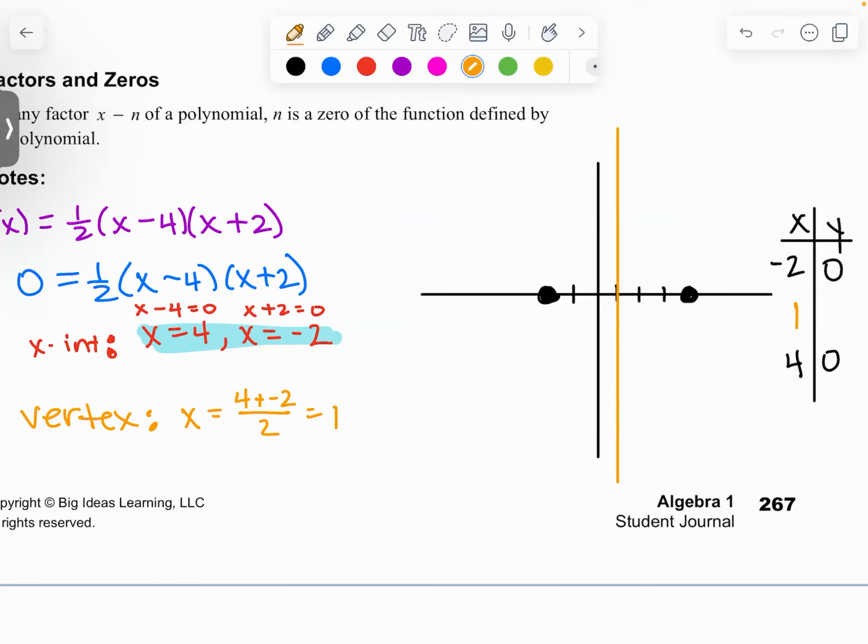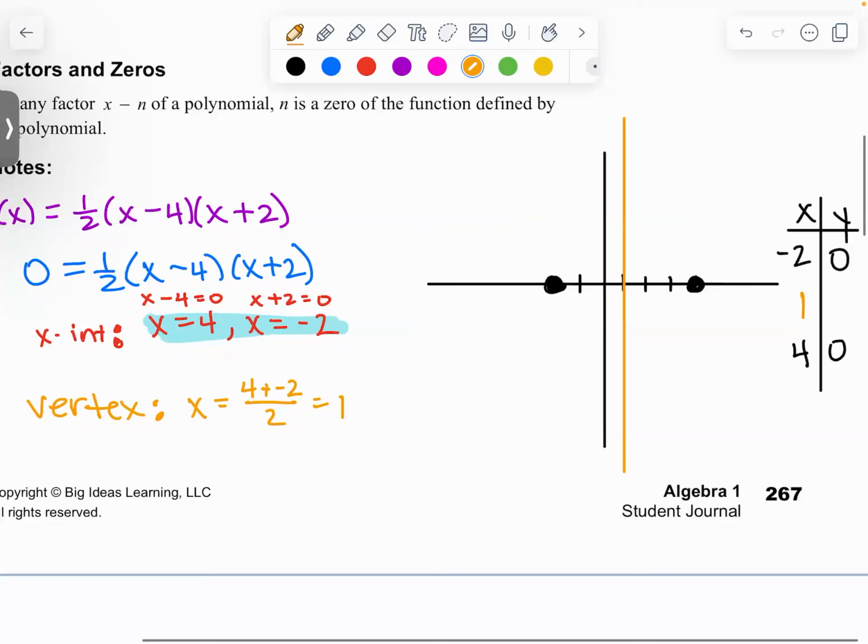Okay. So now to get the real vertex, we need to actually plug 1 back in. So we need to come back up to our equation, 1/2 times x minus 4 times x plus 2. What's this number? 3 times -3.